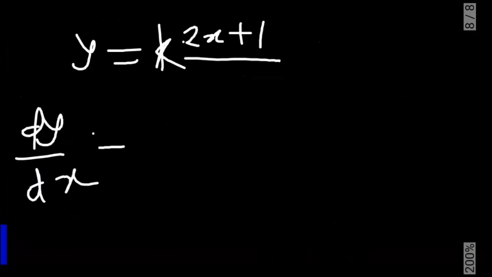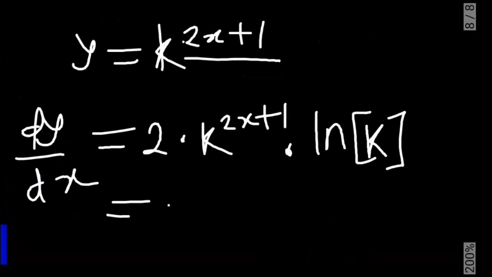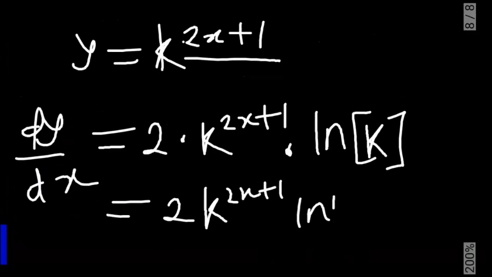The derivative of 2x plus 1 is 2. Multiplied by, we also write down the question again. Then we multiply it by the ln of the constant. The constant here is k. So our answer would be 2 k to the power of 2x plus 1 ln k.